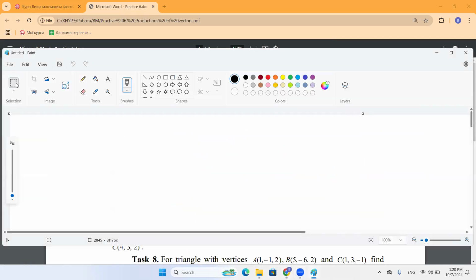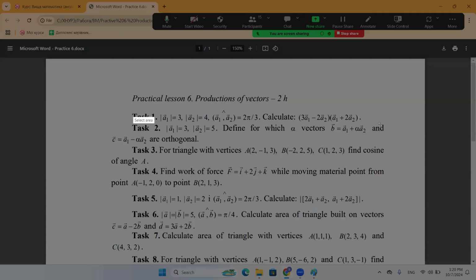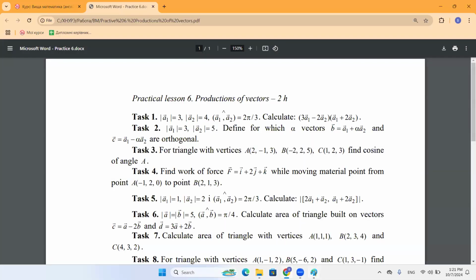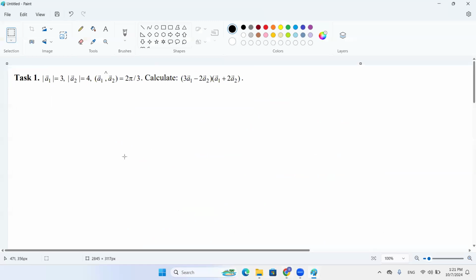And we have to remember some properties of the scalar product, and how to solve it, by the way. So which properties of the scalar product do you remember?